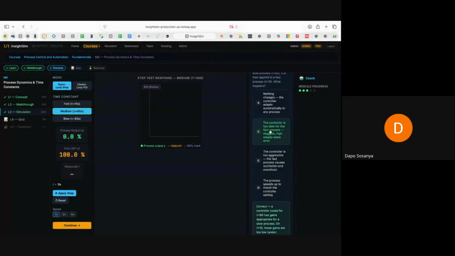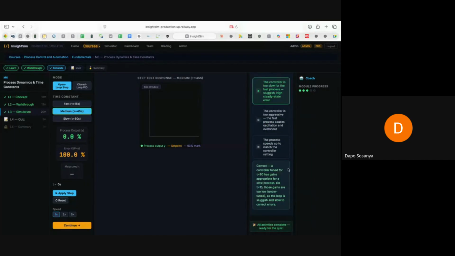The controller is too slow for the fast process, giving high steady state error. The controller is too aggressive, and the fast process causes oscillation and overshoot. The controller speeds up to match the controller setting. So the correct answer is A.